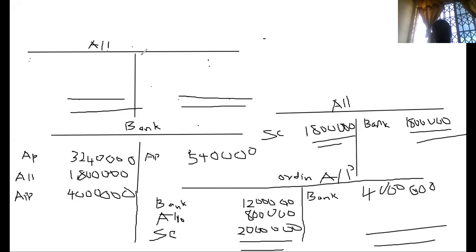Right? You get 240. So we'll just say that we'll pass this entry first, application. This is coming from application. It's a transfer from application. So APP stands for application. So 800,000.